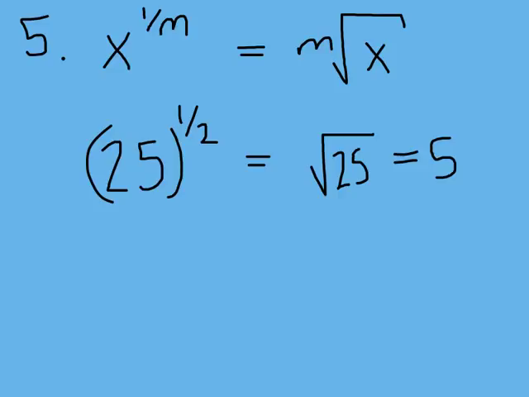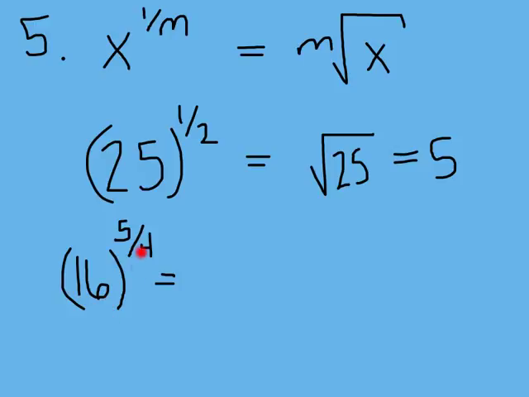Now you can add multiple powers in that. So let me think about one here. Let's go 16 to the 5/4 power. What you would do is first work with the root part.